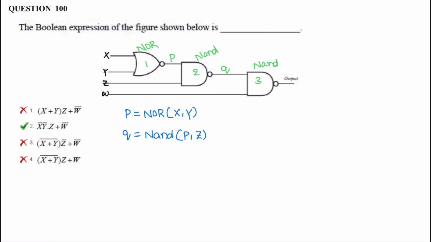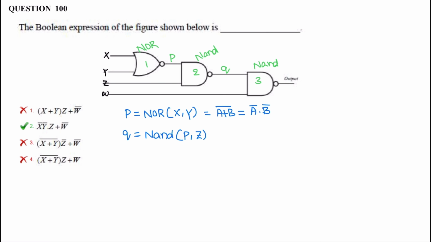So P is NOR of x plus y. NOR of x plus y is written as (a plus b) whole bar, that is a bar dot b bar.